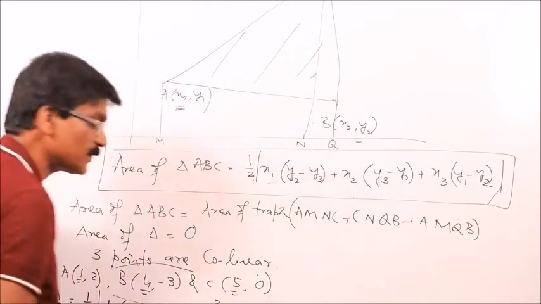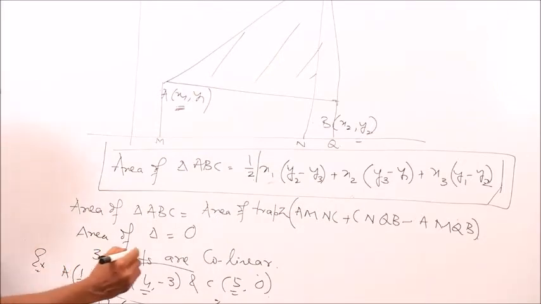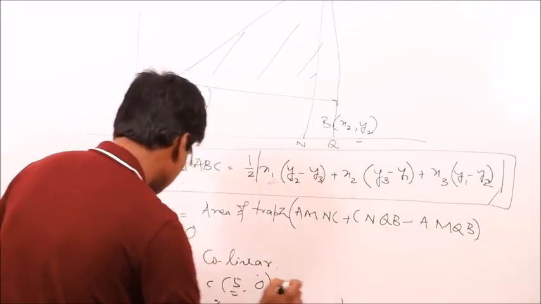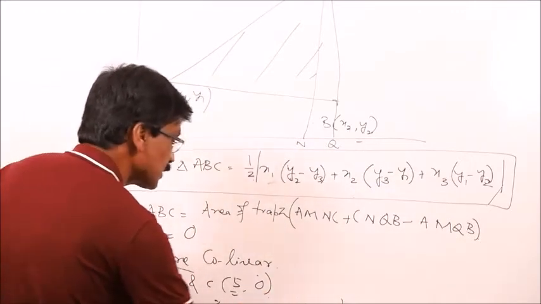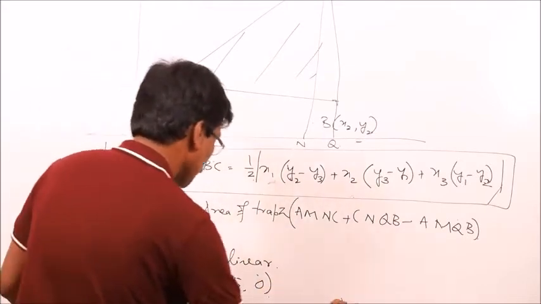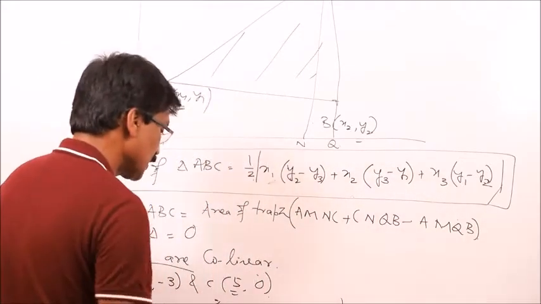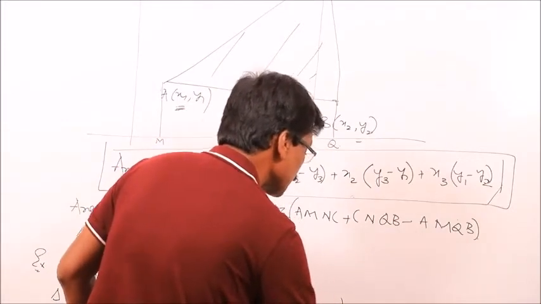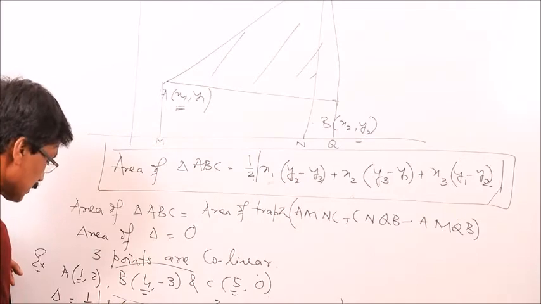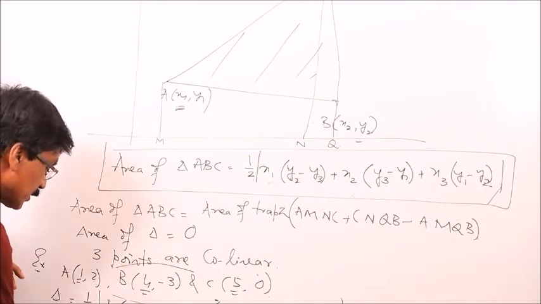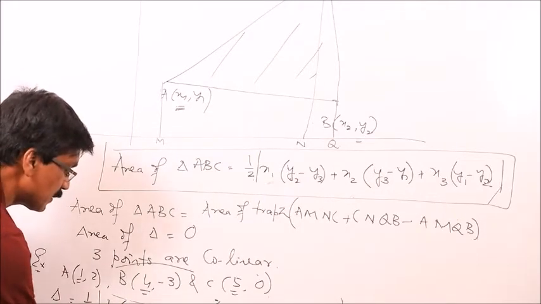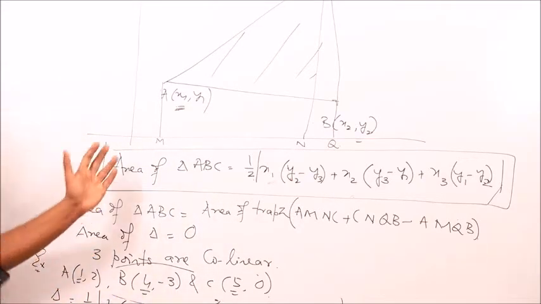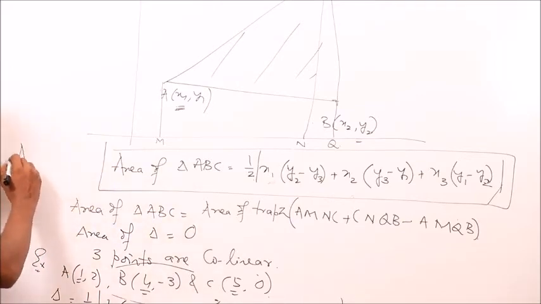Area is always positive, so we take its modulus. That is half into modulus of 1 into minus 3, that is minus 3, plus minus 8, then 25. That is 25 minus 11, equal to half into 14, which is 7 square units. So this is called the area formula.